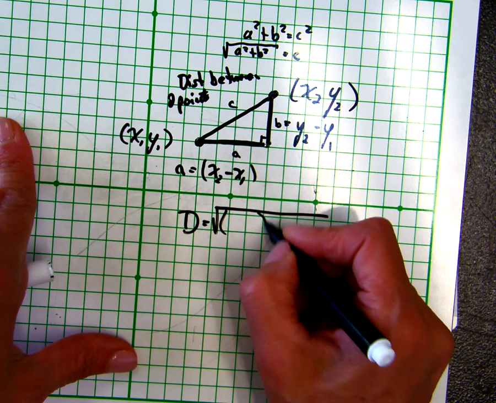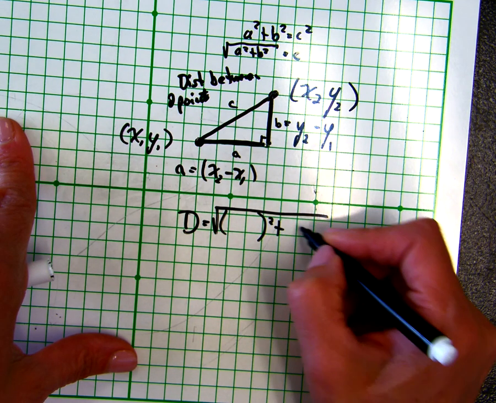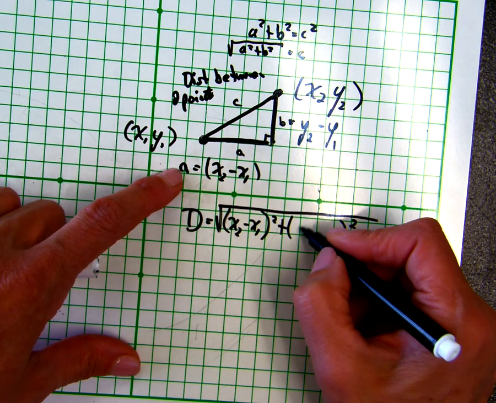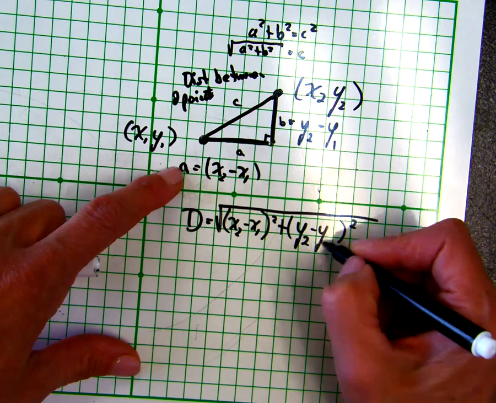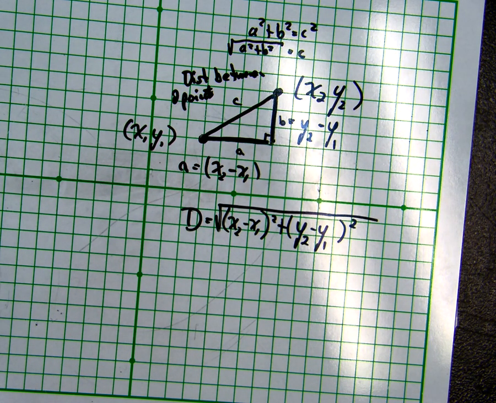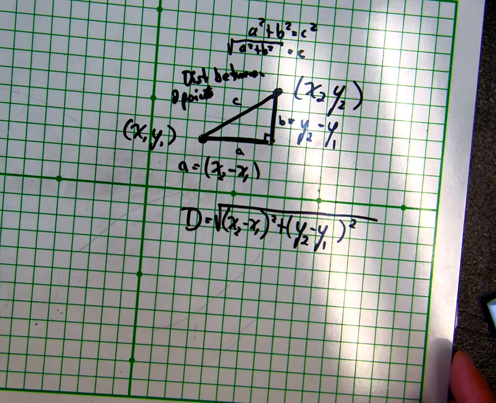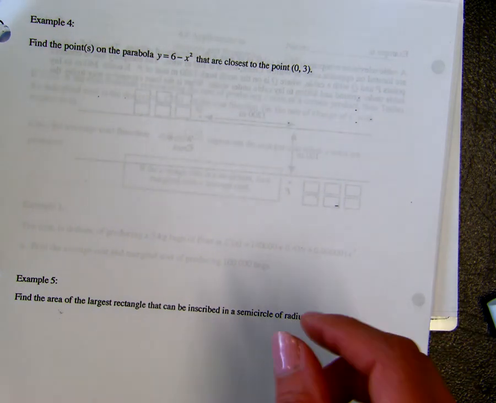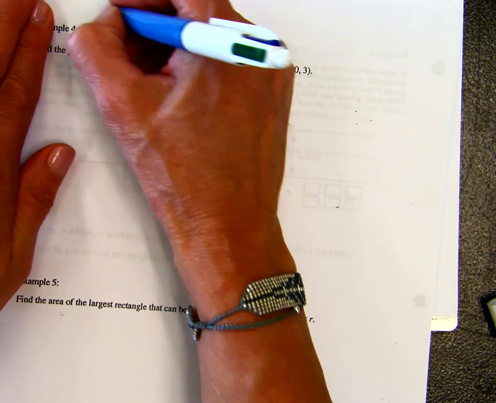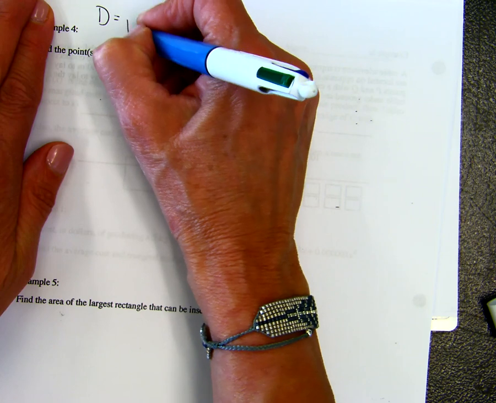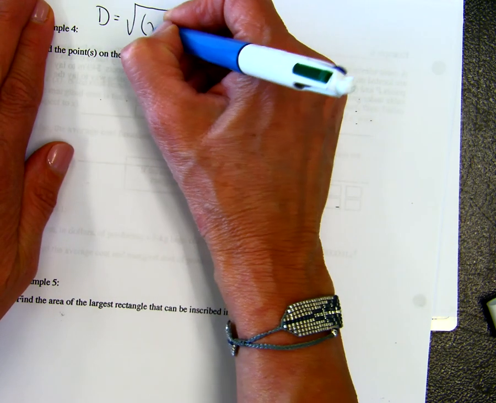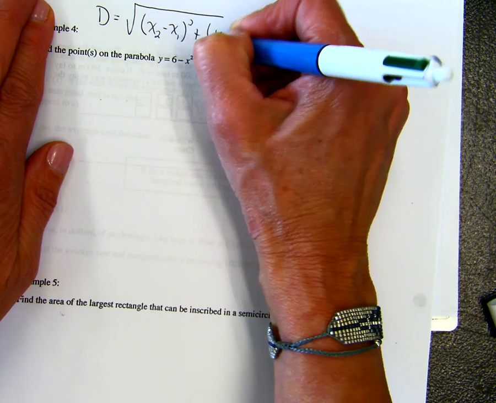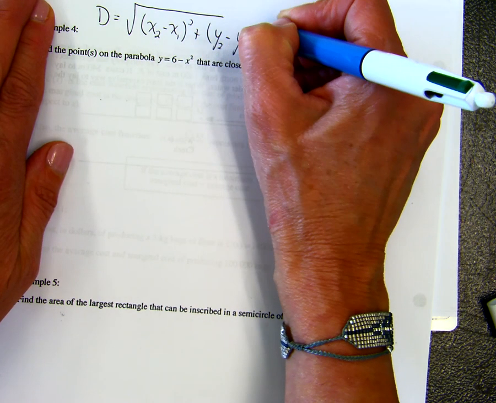That is the square root of a squared plus b squared, where a is x2 minus x1 and b is y2 minus y1. Okay, so let's put that distance formula right here. So distance between 2 points is the square root of x2 minus x1 squared plus y2 minus y1 squared.